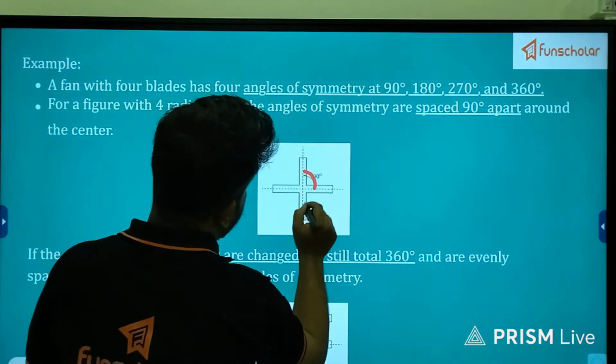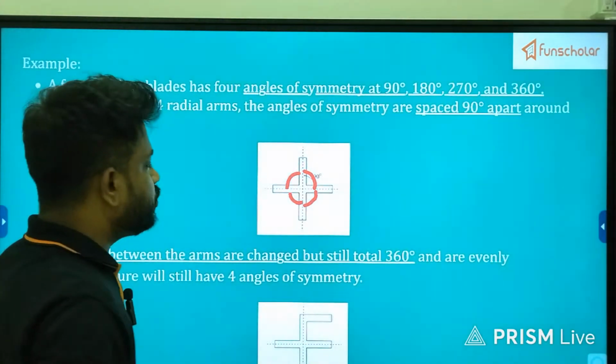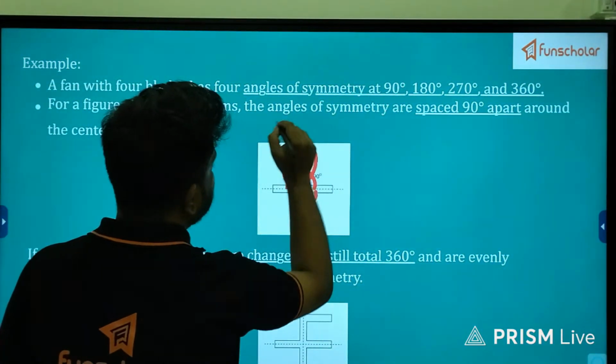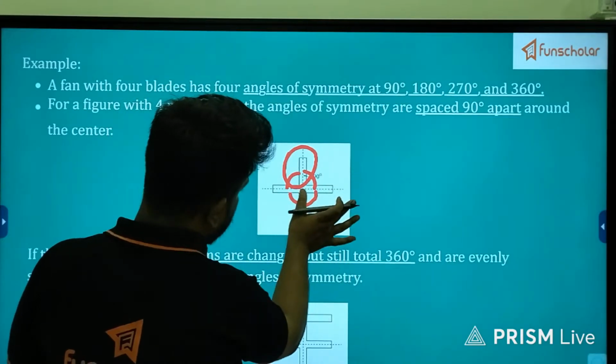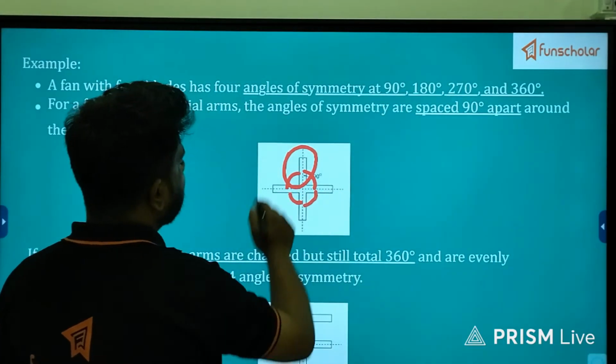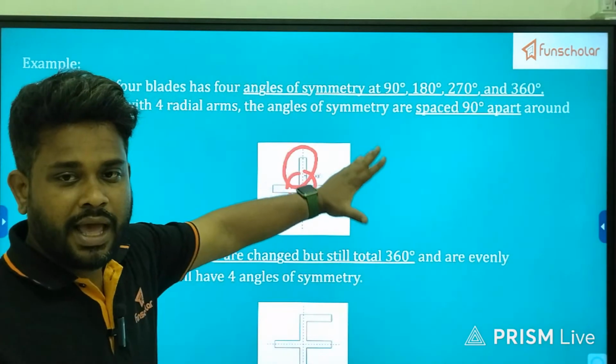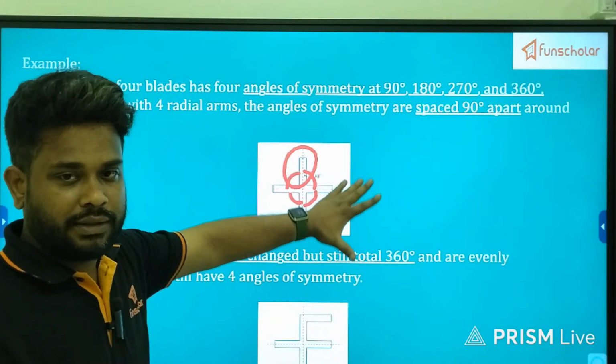There is a difference of 90 degrees between all of them. This blade will come at 90 degrees, at 180 degrees here, 270 degrees here, and after completing 360 degrees, the blade will be back there.